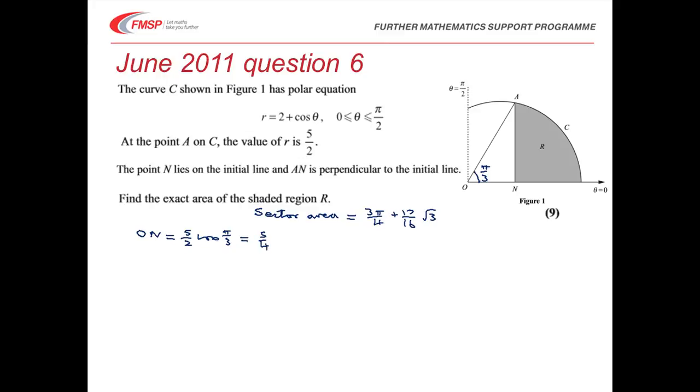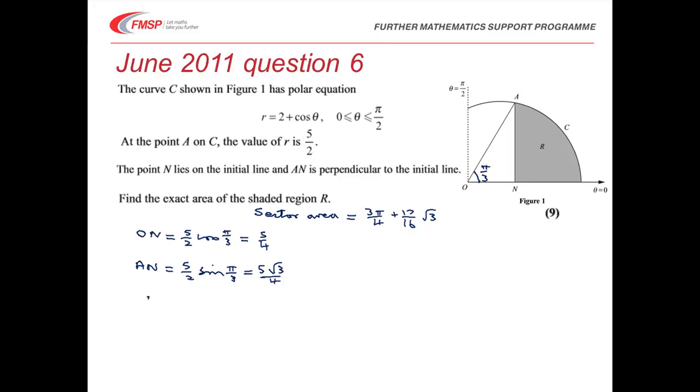We also need to know the height of that triangle, so we need to find AN, which is going to be OA, which again is 5 over 2, times sine pi by 3. So we're looking for the length of the opposite side, and that will give me AN is 5 root 3 over 4.